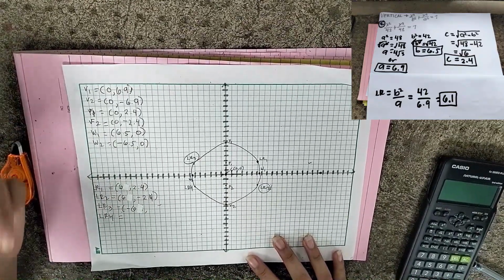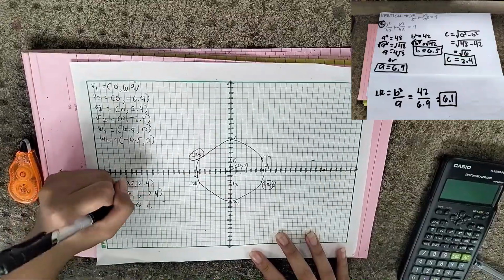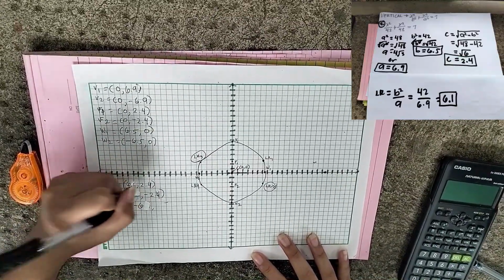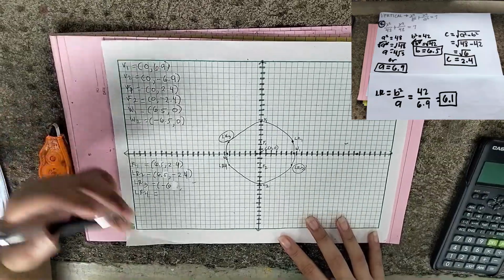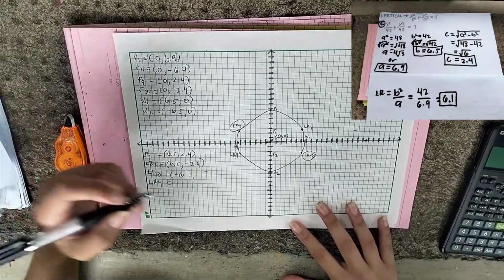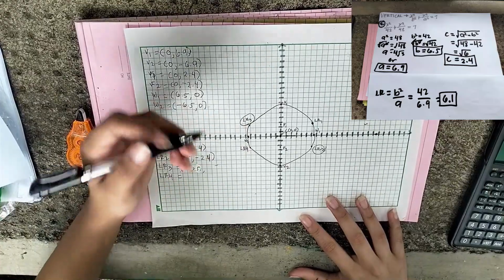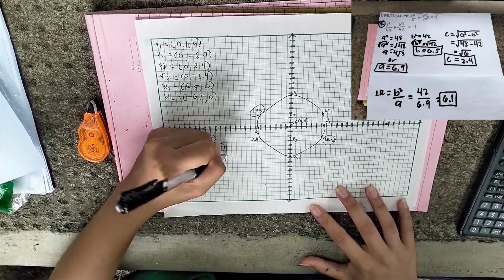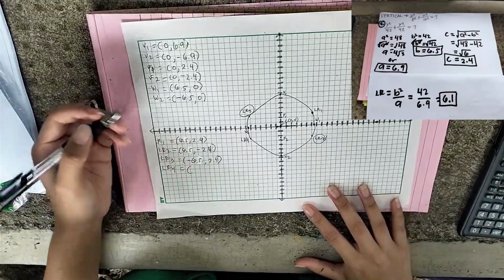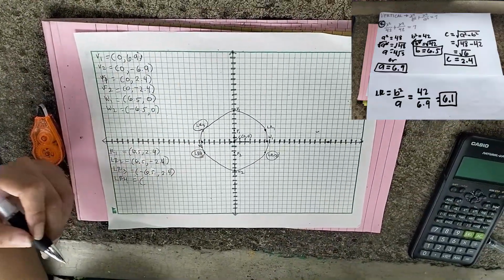So we have here our LR1 is 6.5 and 2.4. Same goes with the LR2, 6.5 and negative 2.4. And then LR3 is negative 6.5 with positive 2.4. Now for our LR4 right over here. So it's downward and it's on the left side.